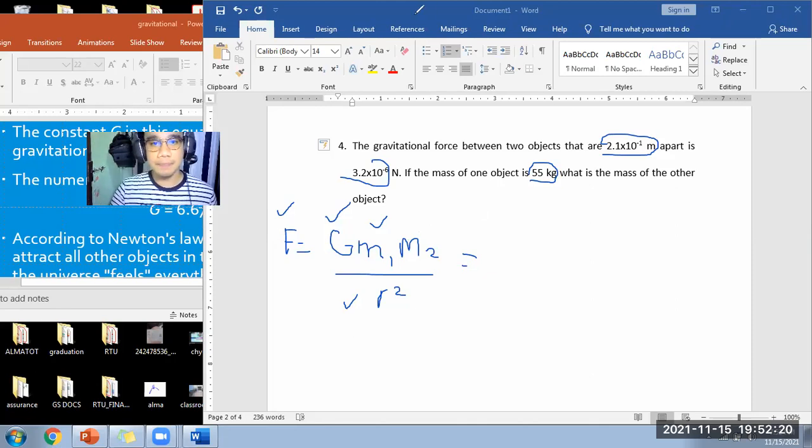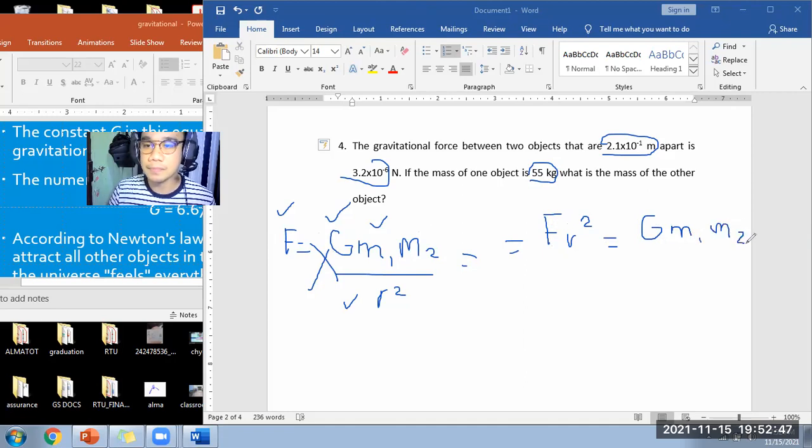So, para palabasin si M2, siyempre cross multiplication. So we have F R squared, pagsasamahin natin yan, is equivalent to G M1 M2. So divide both sides by G M1 para makuha lang natin yung mass number 2.